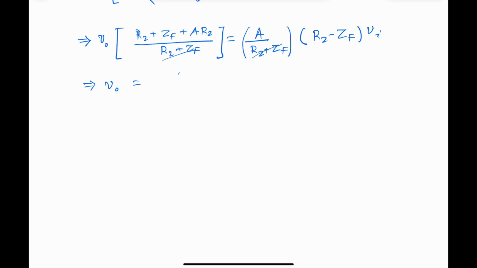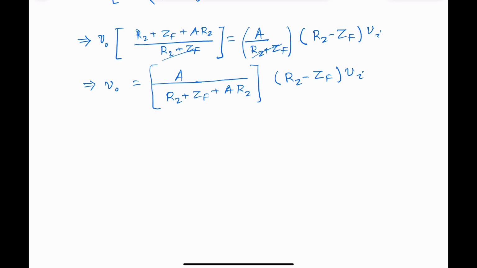So this is A upon R2 plus ZF plus AR2 into R2 minus ZF into Vi.